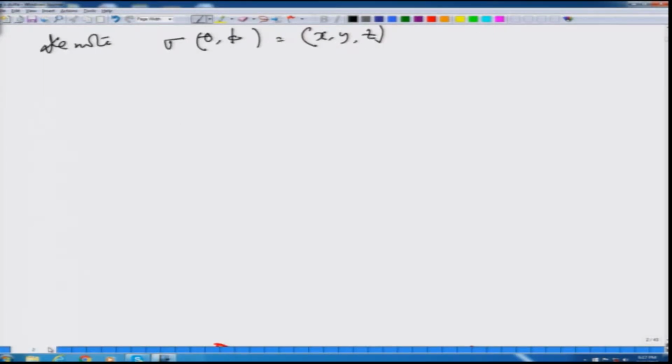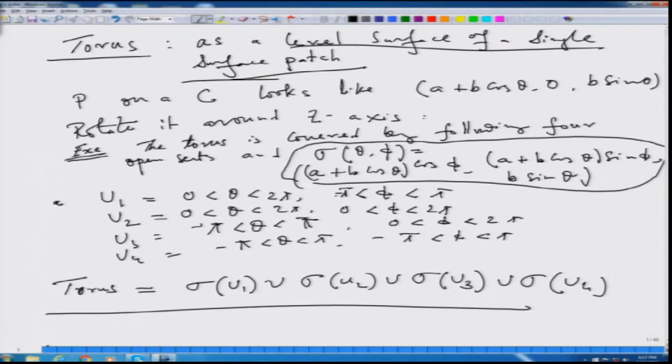Now, if I do a simple calculation, x square plus y square plus z square plus a square minus b square, come back here. So, this is the x coordinate, this is the y coordinate, this is the z coordinate.